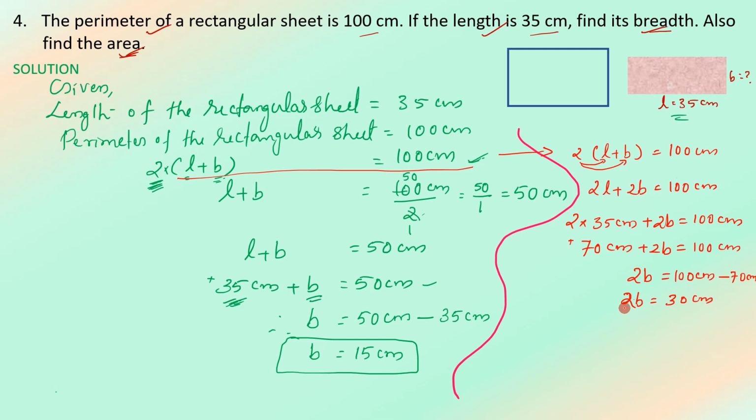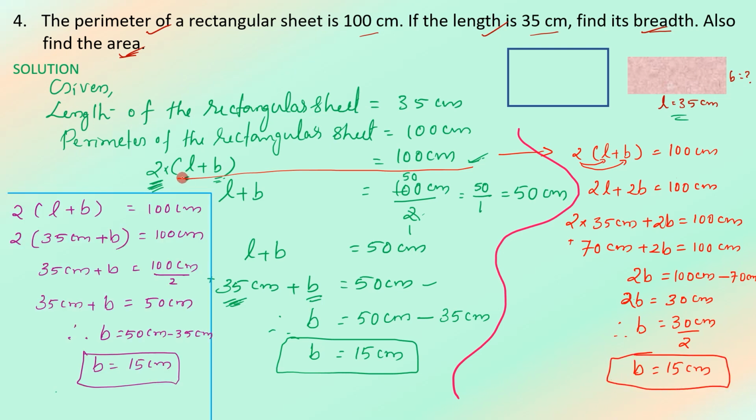Now we want to take 2 from LHS to RHS. Since 2 and B are combined with multiplication, it will be a division on the RHS. Therefore, B equals 30 centimeter divided by 2. That is 30 divided by 2, it is 15 centimeter.